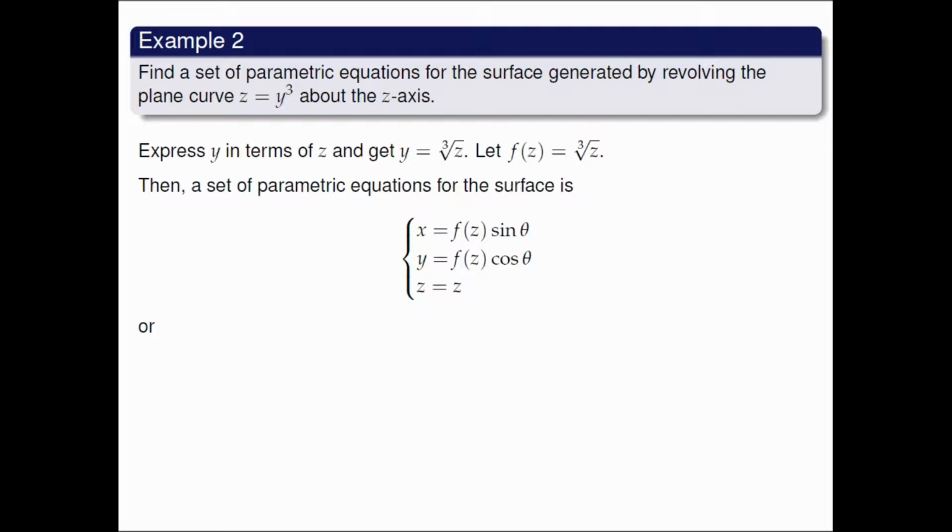Since f of z equals the cube root of z, then our parametric equations will be x equals cube root of z sine theta, y equals cube root of z cosine theta, z equals z. We are now done with this example. We proceed to the next item.